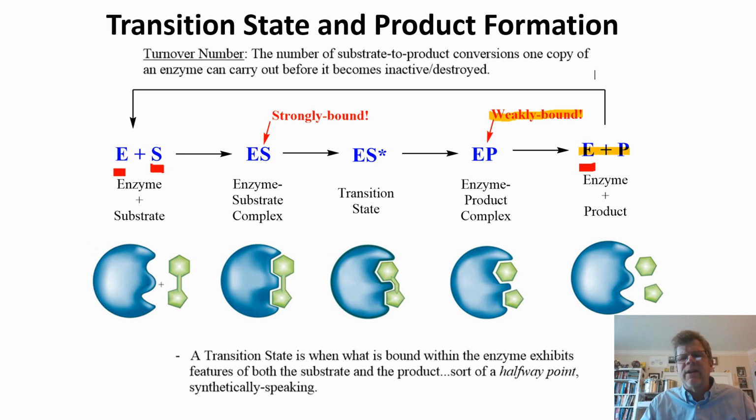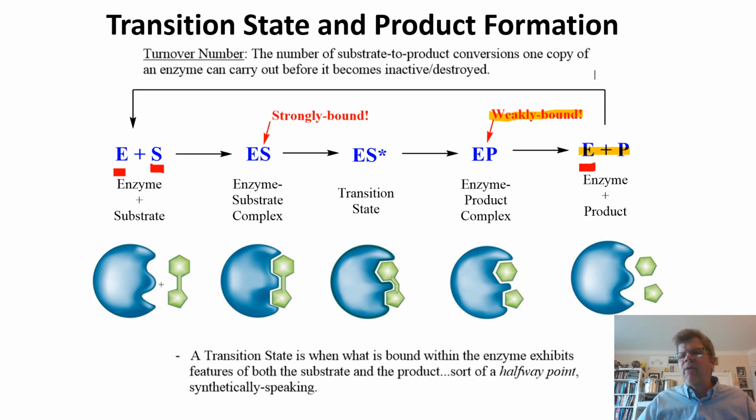This is why we only need a tiny catalytic amount of our enzyme, just a few copies, to turn many substrates into products, because we have what's called a turnover, or this cycle. The same enzyme is catalyzing substrate to product conversions over and over and over.